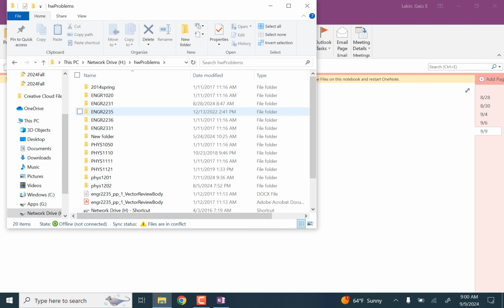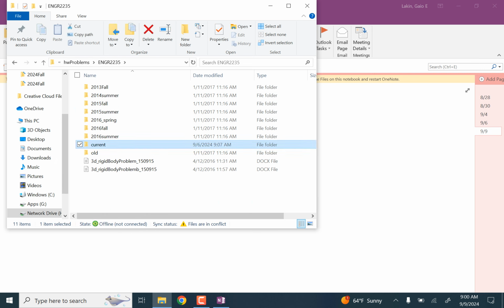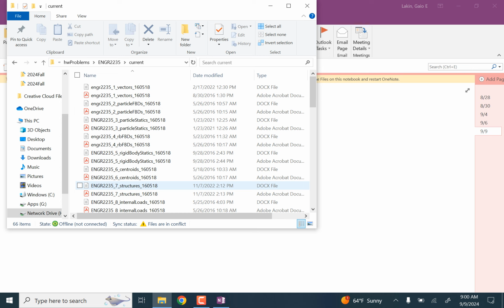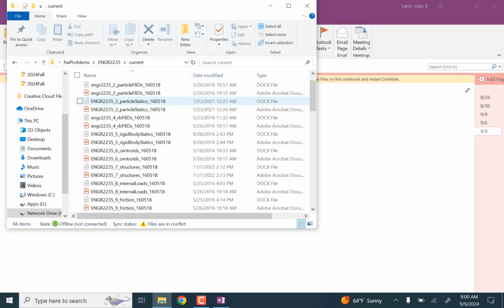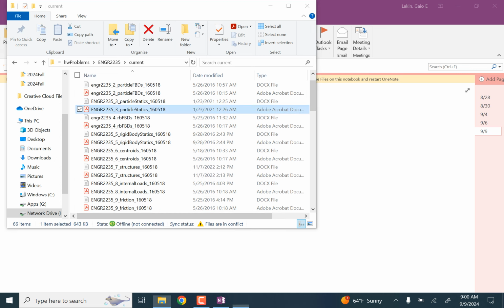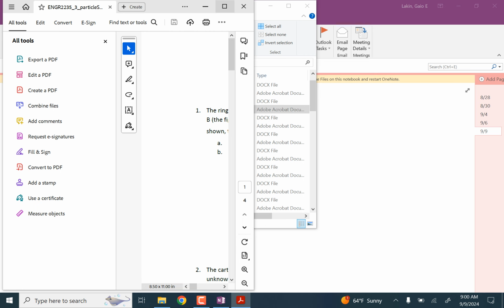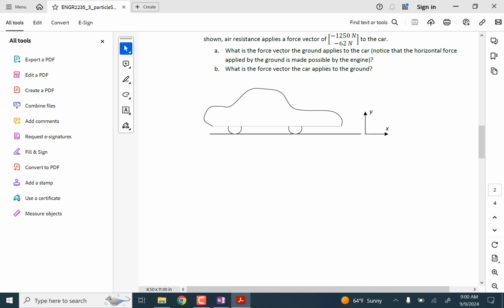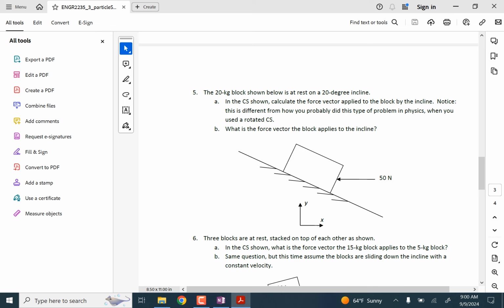I don't remember this problem yet. So we are on particle statics. It has us find the force in between the ground and the surface. This one? And friction. Yeah.